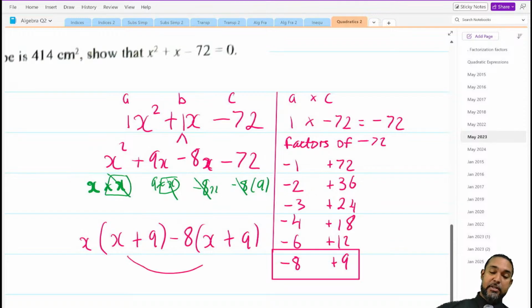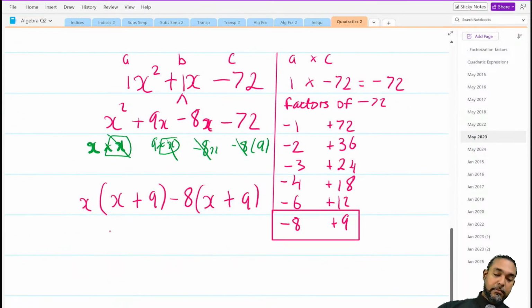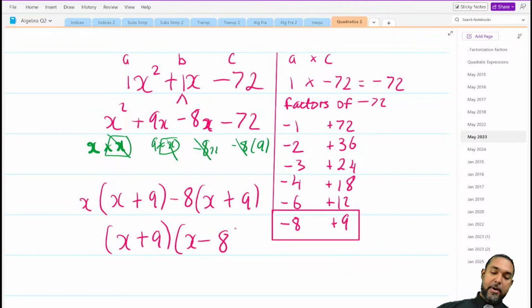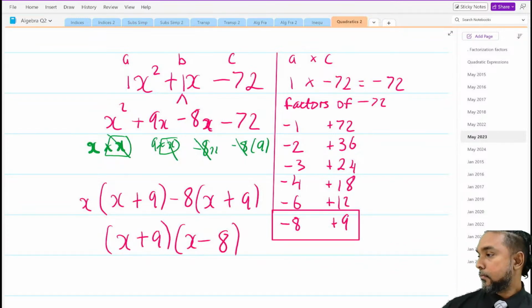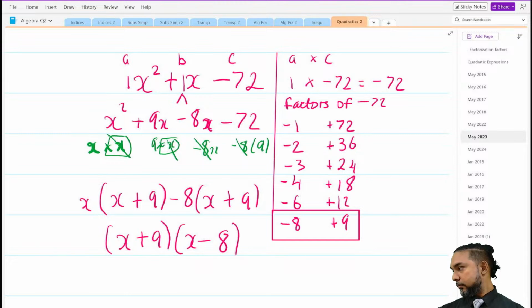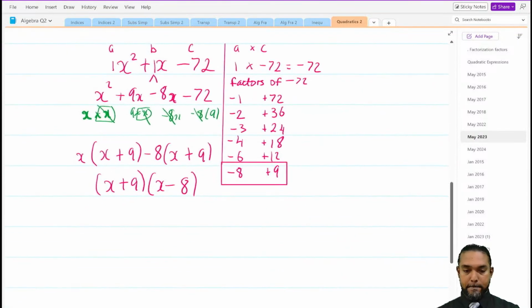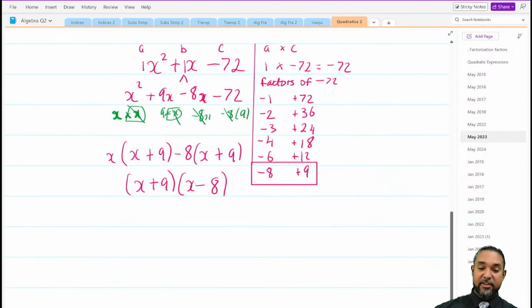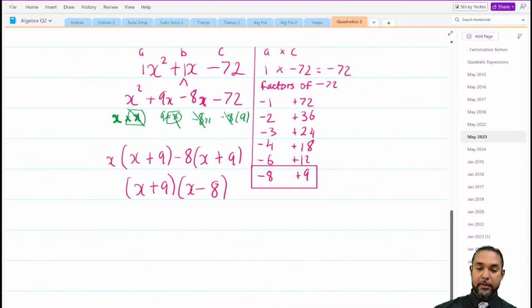Now, once you can see that the two brackets are the same, the bracket now becomes the common factor. So you pull the bracket, x plus 9, and you put the coefficients of each bracket in a bracket to the back. Okay, now it started off by saying it was equal to 0, right?